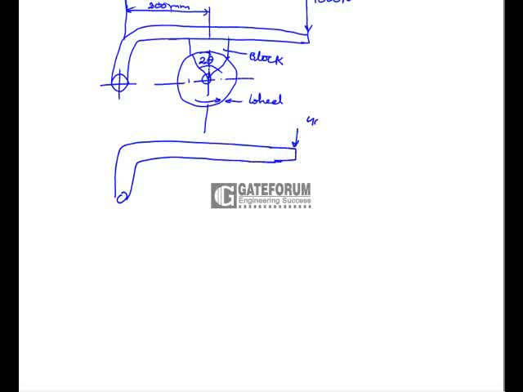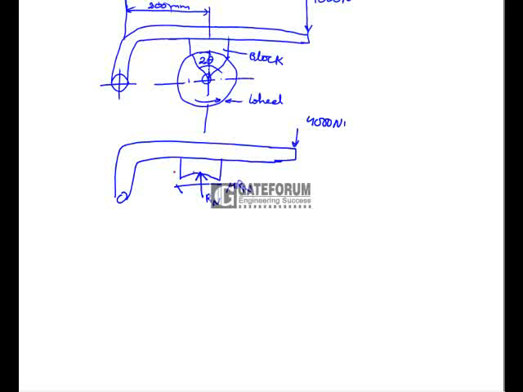So this is the 4000 Newton load acting at this point, and a reaction Rn is acting, and the friction is mu Rn.